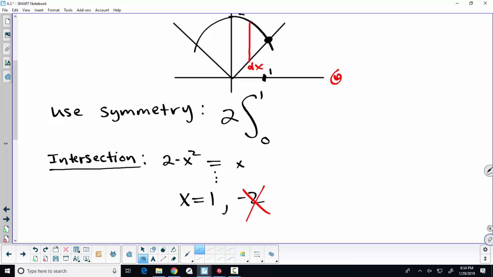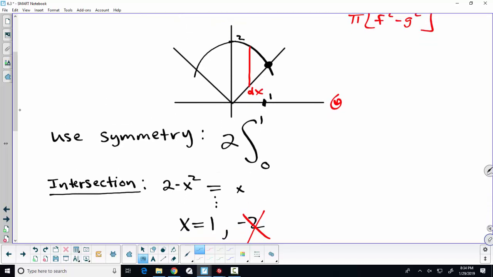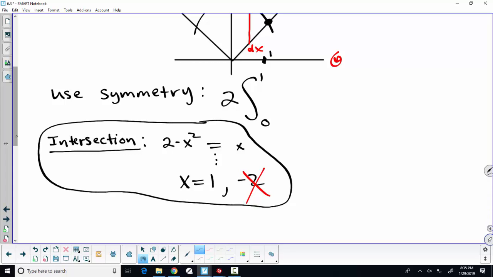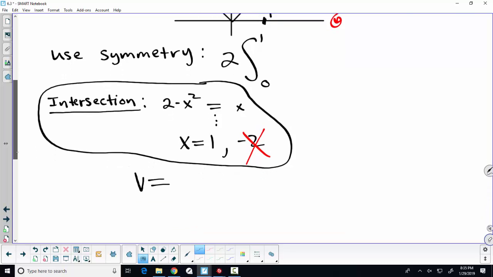All right, so based on what we have here, revolving this region around the x-axis, what does that setup look like for the volume? Does everybody have that?